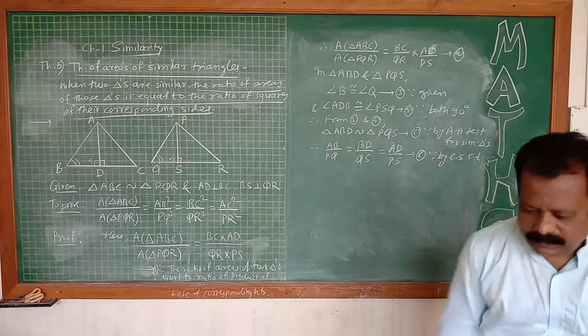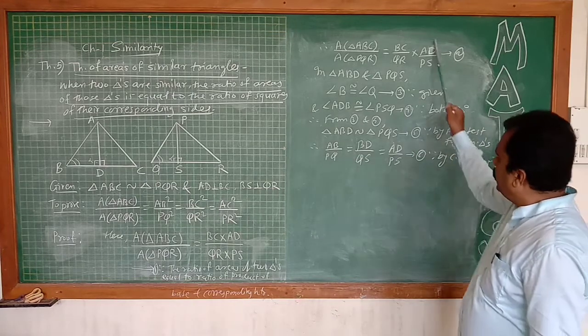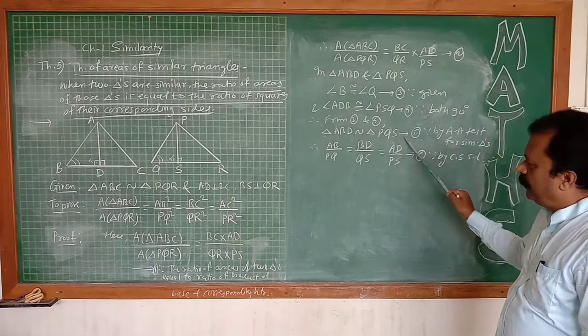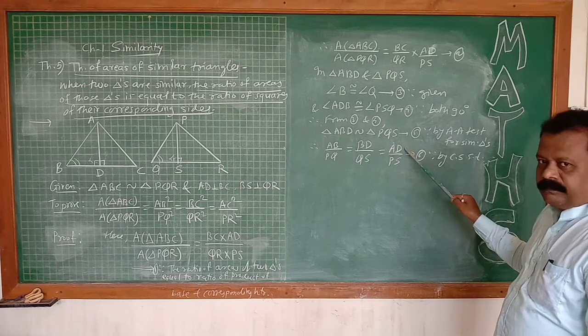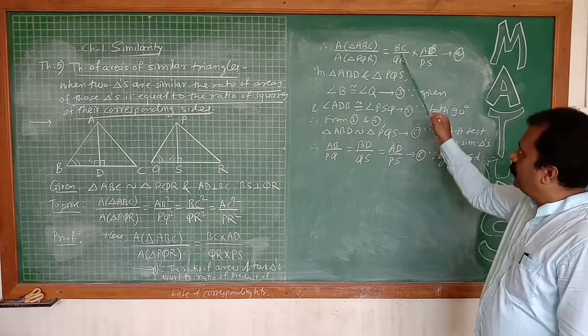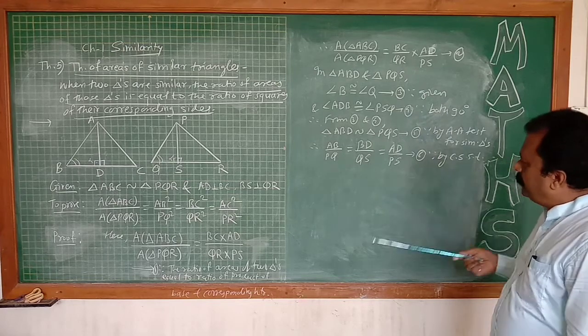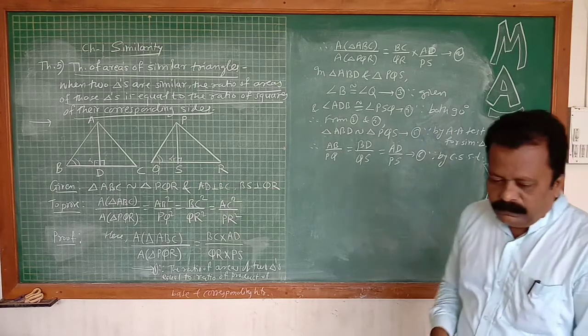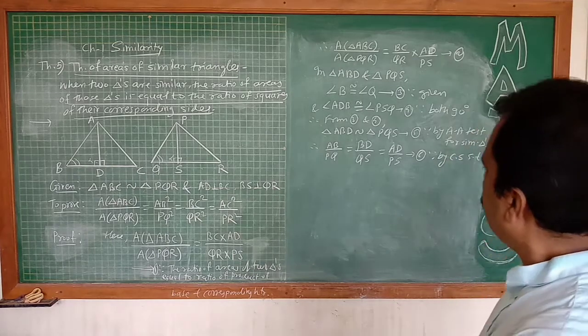See now what I have shown. Our target is AD upon PS, and we got AD upon PS here. But we are not getting the value of AD upon PS as BC upon QR here. So again we have to derive this. Now how to derive this? Think about that.